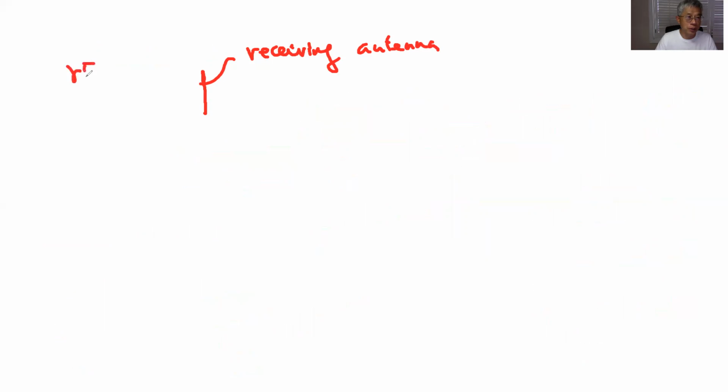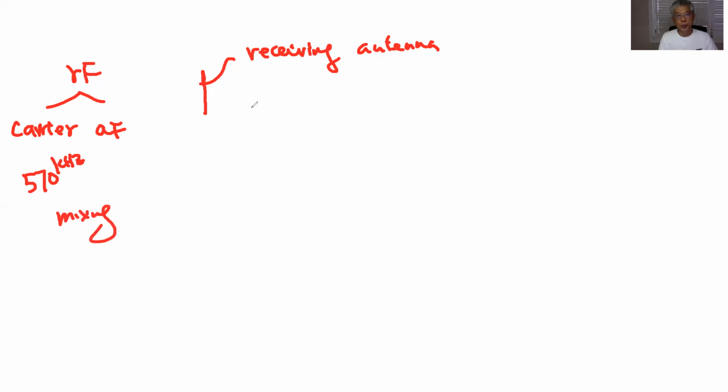This is the RF signal that comes, and it has two things. It has the carrier, like 570 kilohertz, for example, and then you mix it with the audio, the AF. You already mixed them, and then you amplify.